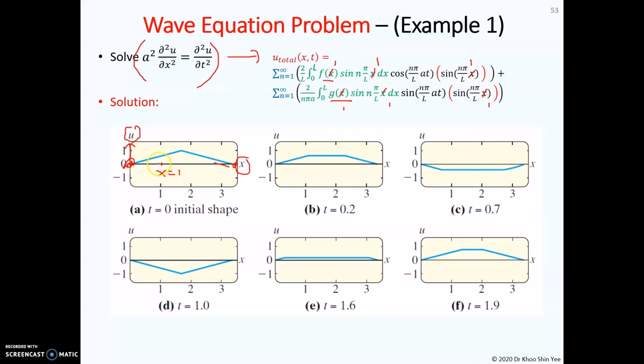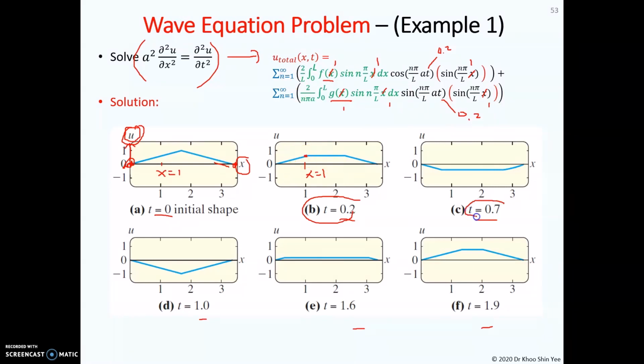If you want to know the change of the vibration u over time from t equal to 0, 0.2, 0.7 and so on, then you need to substitute the corresponding time. For example, let's say you want to know at x equal to 1, what is the vibration at t equal to 0.2. Then you need to substitute 0.2 inside. After you solve this equation, you obtain this answer, around 0.5.